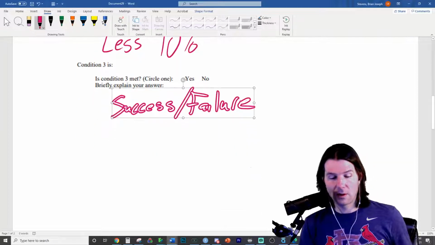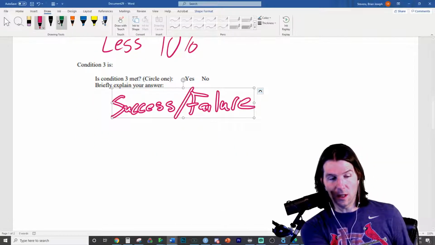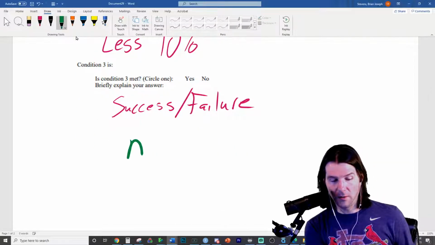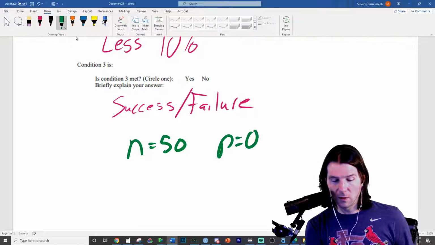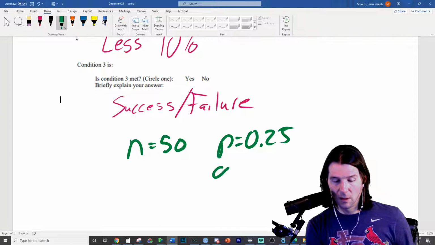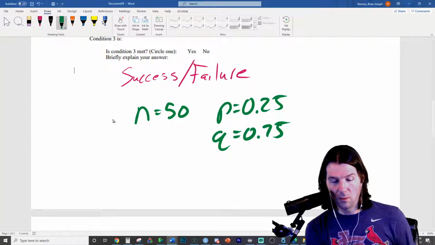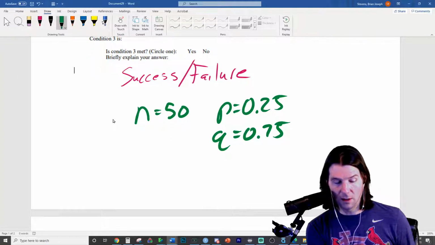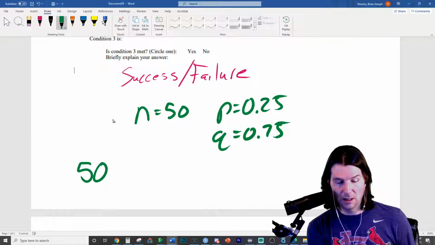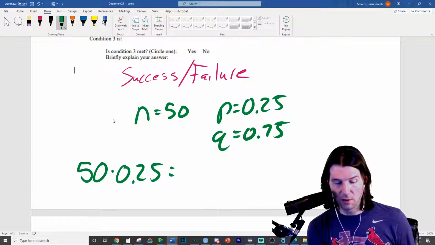So when we do this right here, we have 50 always hot water heaters. So we have N equals 50 and P equals 0.25, Q equals 0.75. We need to do NP and NQ. So 50 times 0.25 equals 12.5.